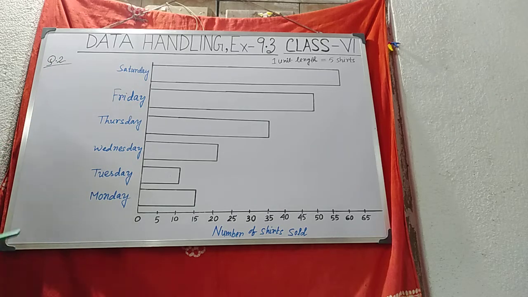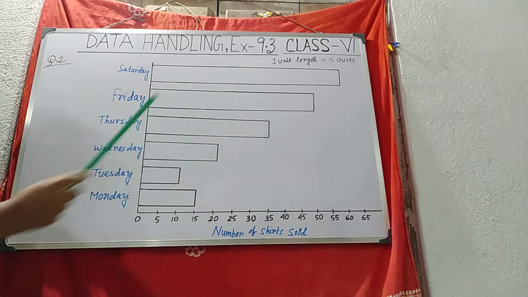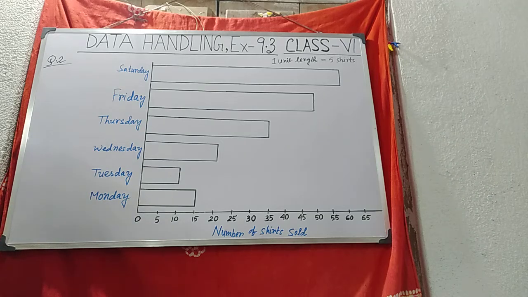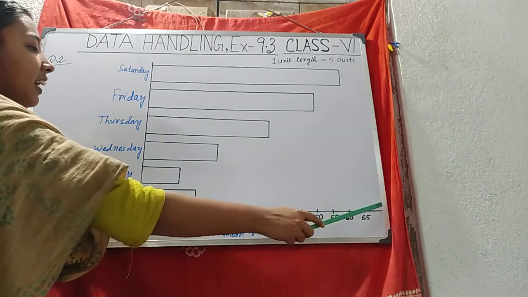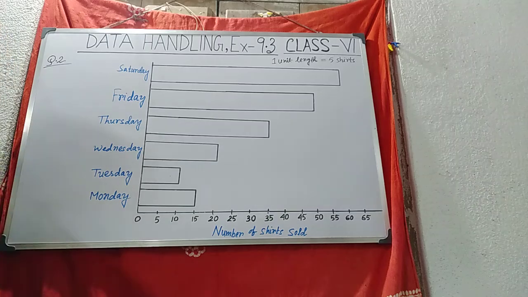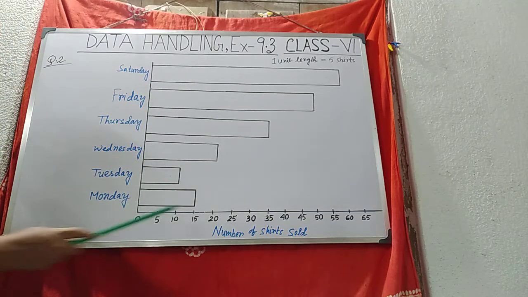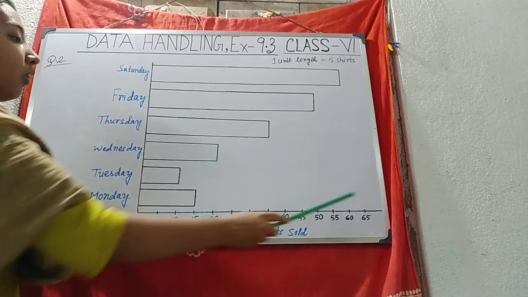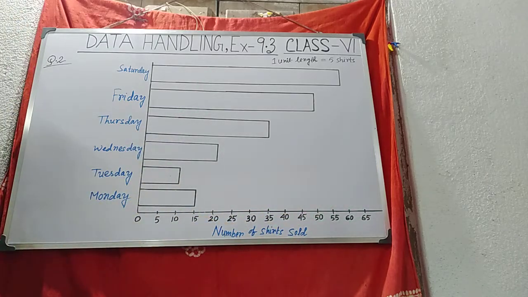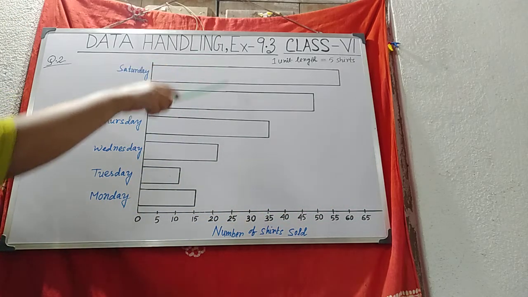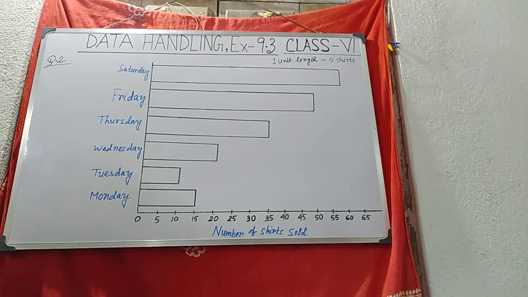Some horizontal bars are there. This line is known as the horizontal line and all these bars are parallel to this horizontal line. So that's why these bars are known as horizontal bar graphs.